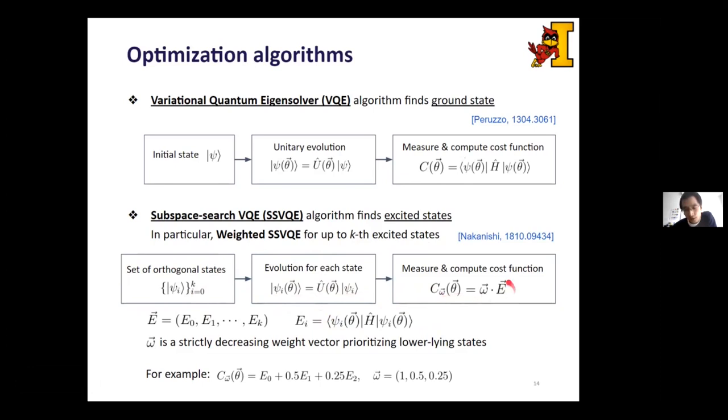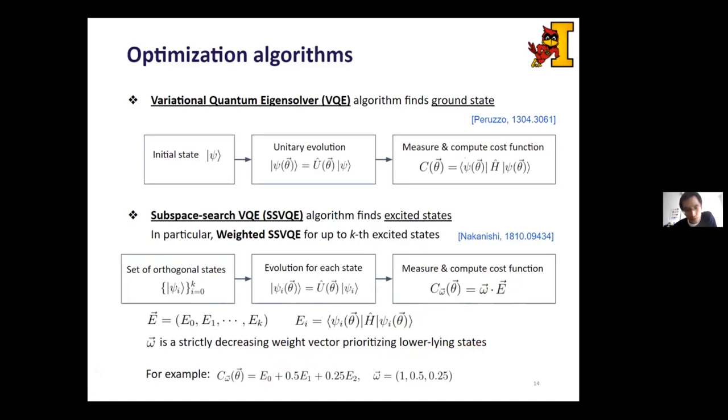And then the cost function will be a weighted sum of these expectation values, where the weights are specifically designed as a strictly decreasing weight vector, prioritizing low-lying states.